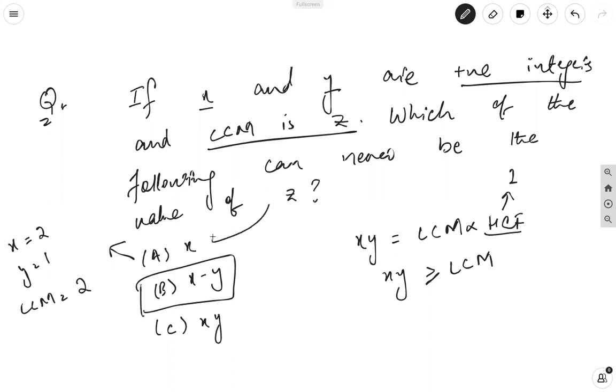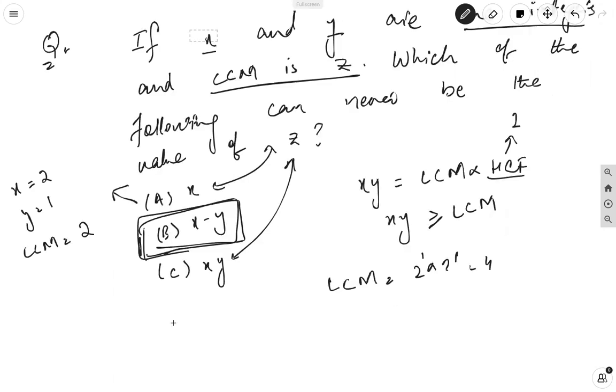So Z is equal to X. This is possible. Now, let's suppose X is equal to 3 and Y is equal to 4. So what will be the LCM of this? Yeah, 12. So in this case, Z is equal to XY.